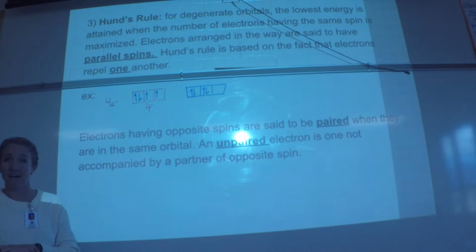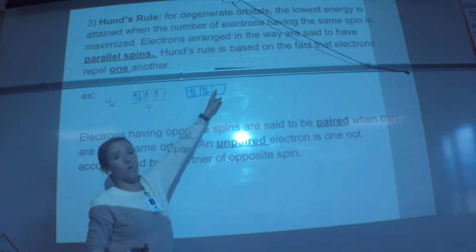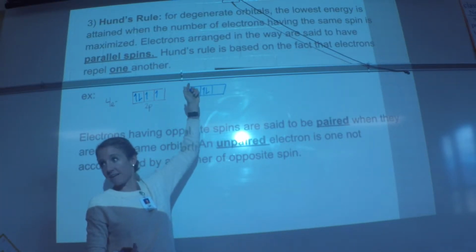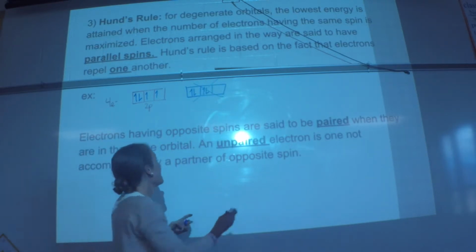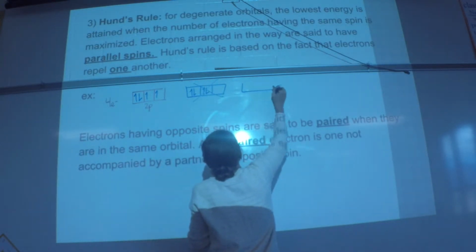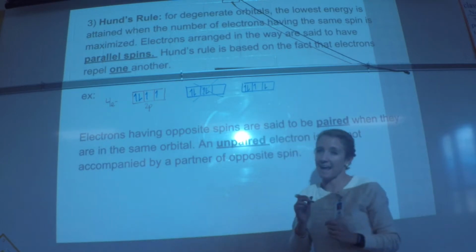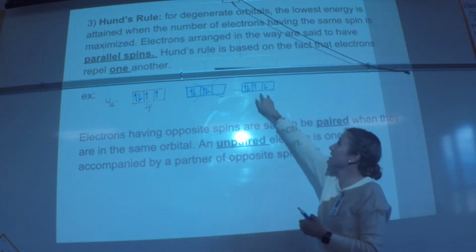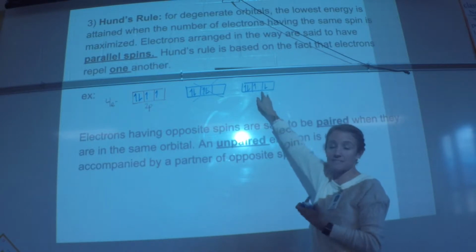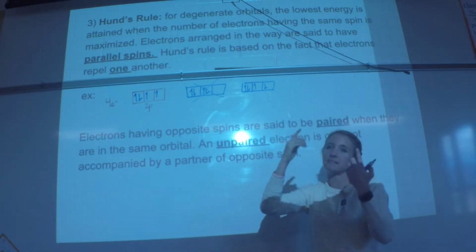That would violate Hund's rule, to have an empty orbital when things are sharing. And they also wouldn't do this, where one's up and the other one is down. That's what parallel spins means: if they are in separate orbitals by themselves, they have to spin the same way.